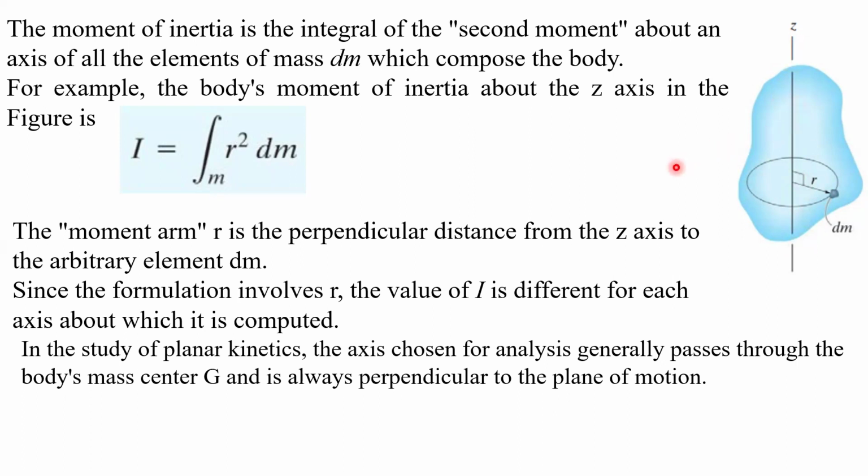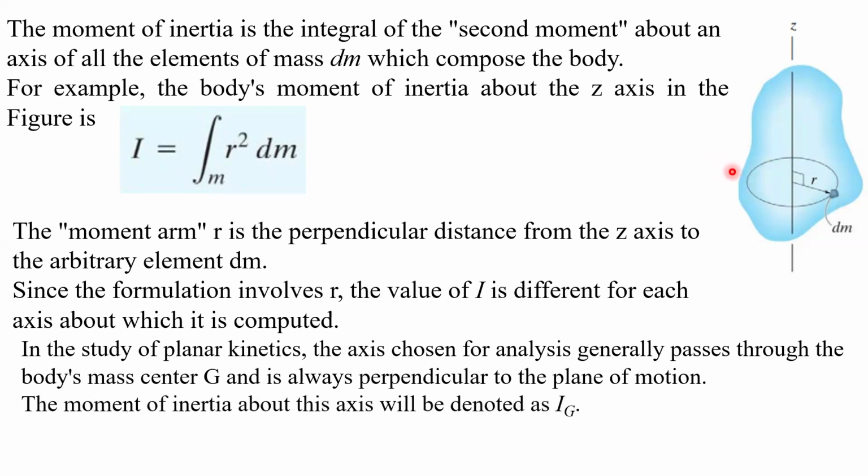If the plane of motion is planar and vertical like this, then the axis of moment of inertia will be horizontal through the center. The moment of inertia about this axis will be denoted by IG, that is, the moment of inertia through the mass center of the body.